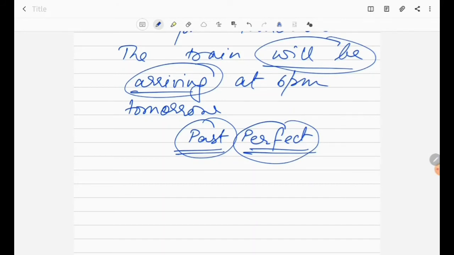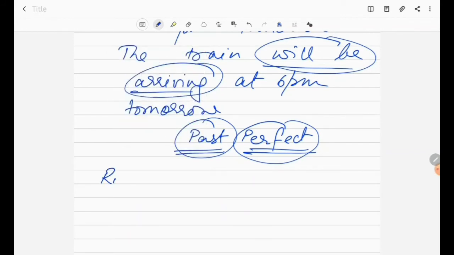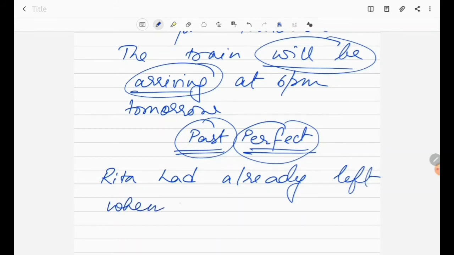Like Rita had already left when I arrived at her home.